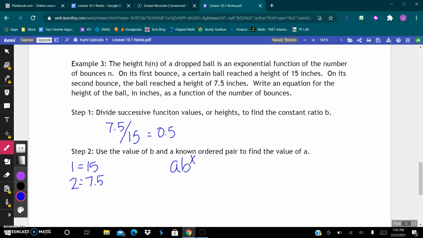So we know that the constant is 0.5. We figured that out in step 1. We also know after the first bounce, the height is 15. So the only thing we're missing is a. Where did it start? So we can do 0.5 to the first power. That's going to leave us with 0.5.